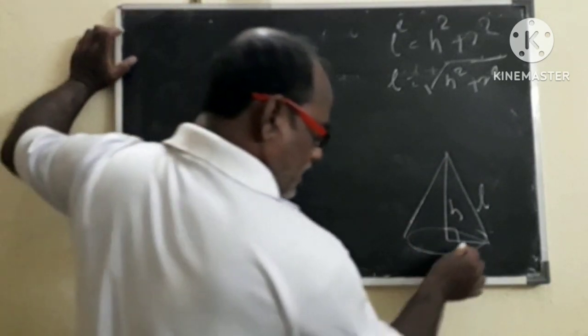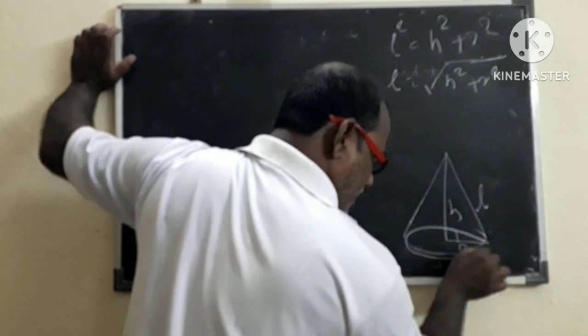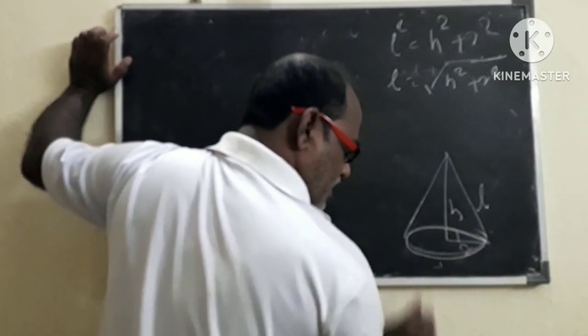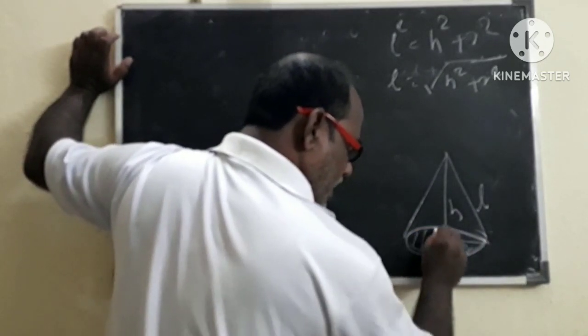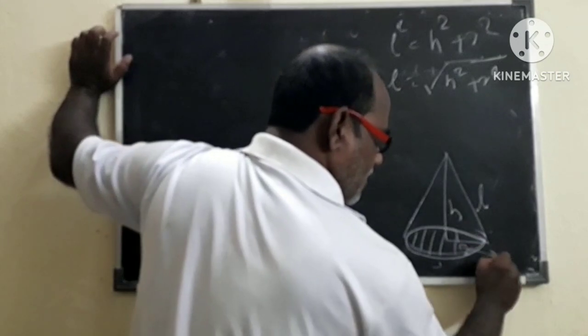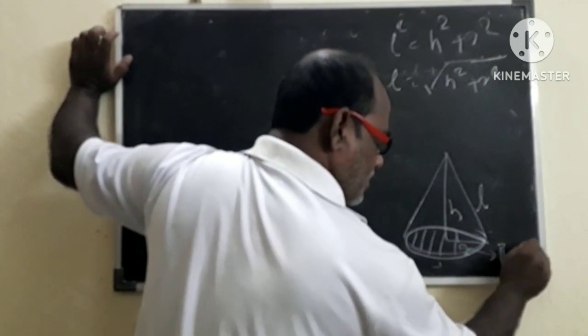Now we can see that right in the bottom, it is in the form of a circle. So if we want to find the area of this circle, it becomes pi r square.